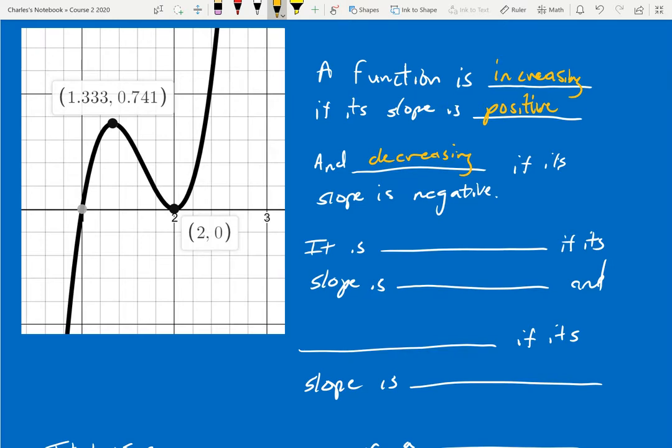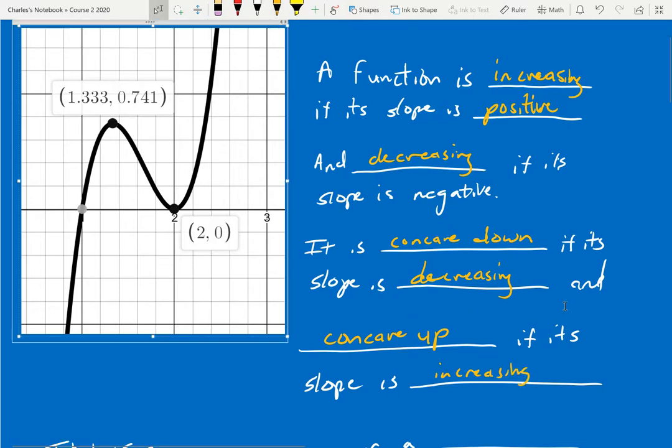And a function is concave down if its slope is decreasing and concave up if its slope is increasing. And you might think those are the same things, but they're not the same things.